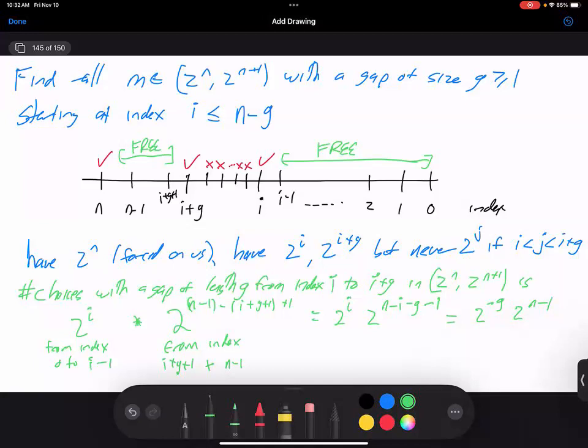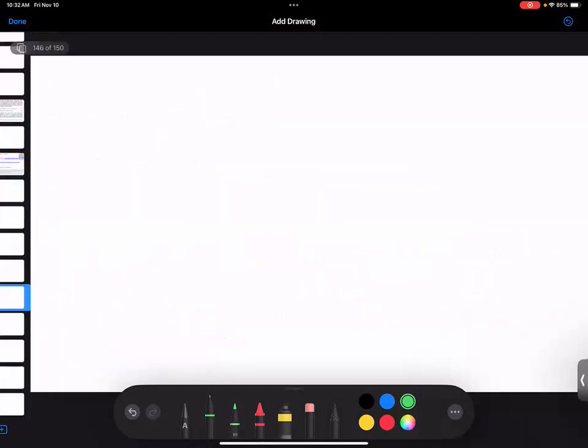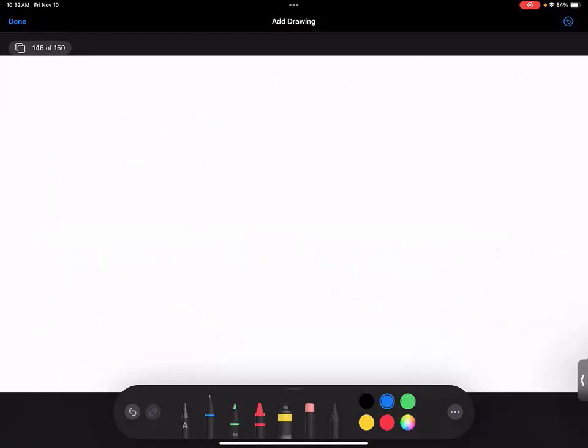How many numbers are there in the interval 2 to the n to 2 to the n plus 1? How many numbers are in that interval? Depends on your choice of n.